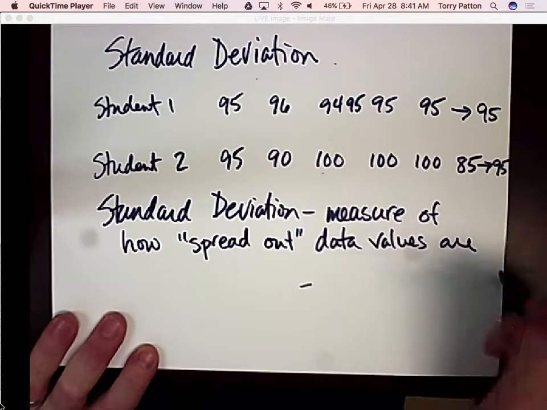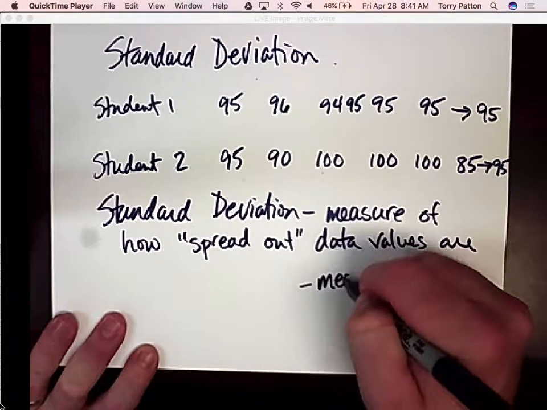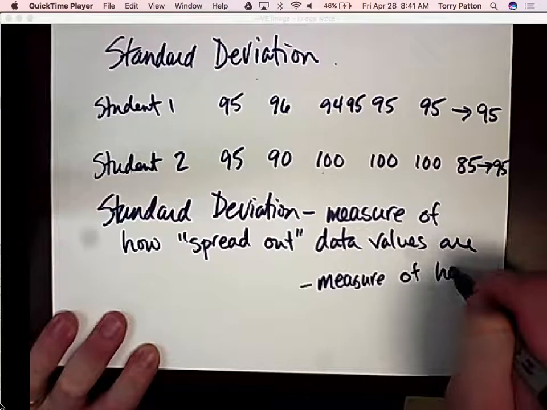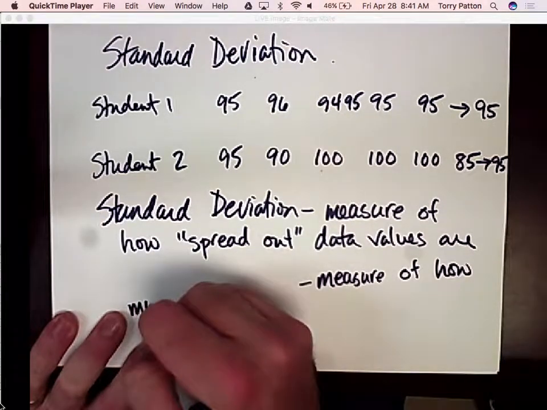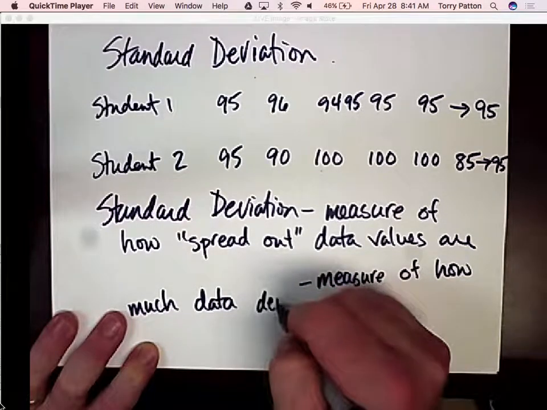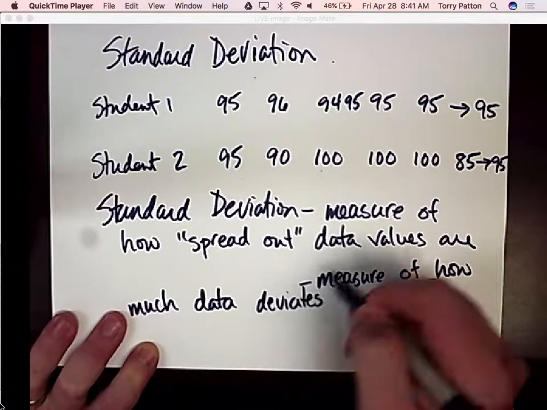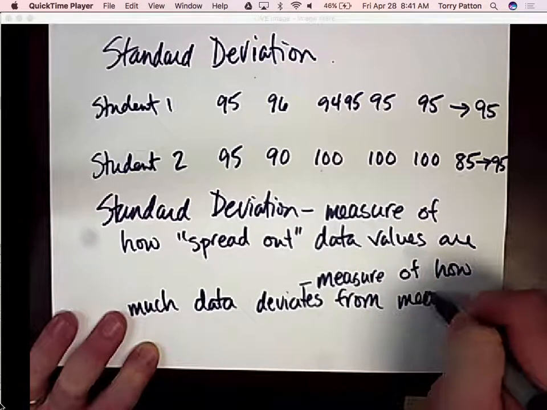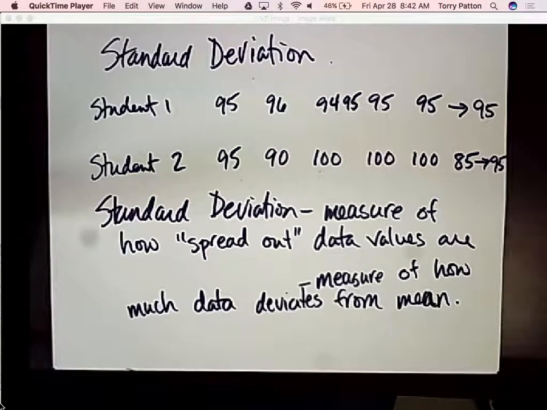Or another one is a measure of how much data deviates from the mean. Deviate means to go off, okay?